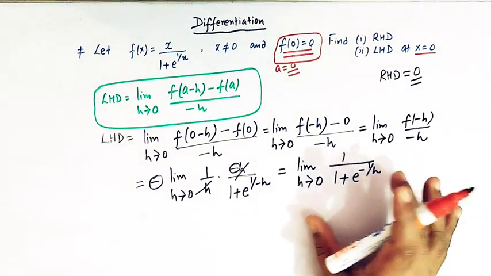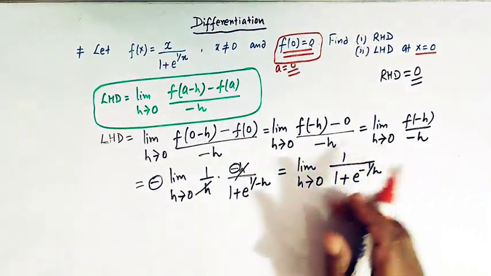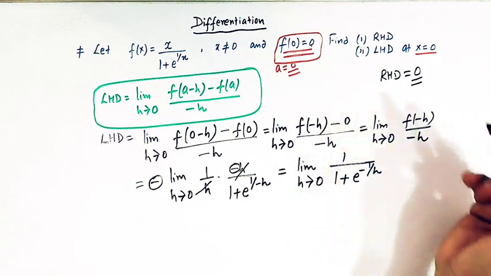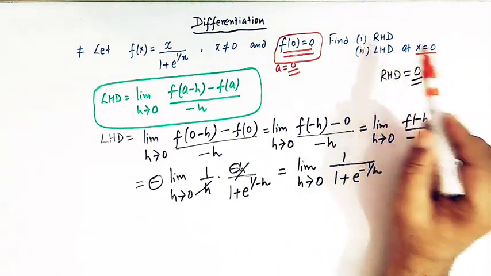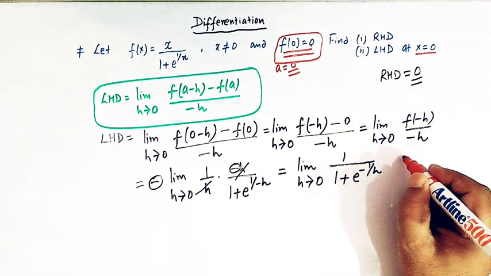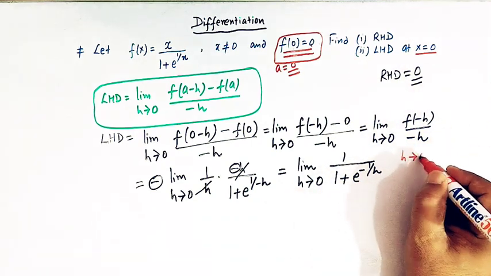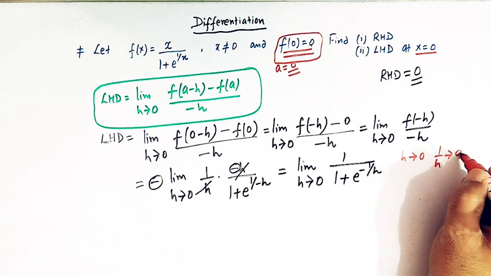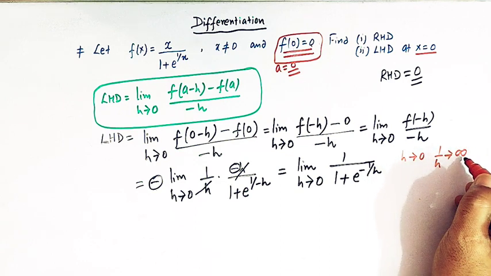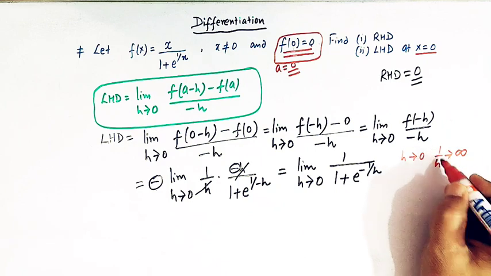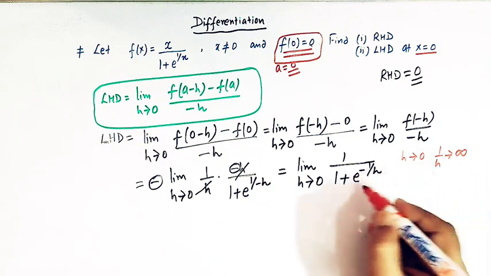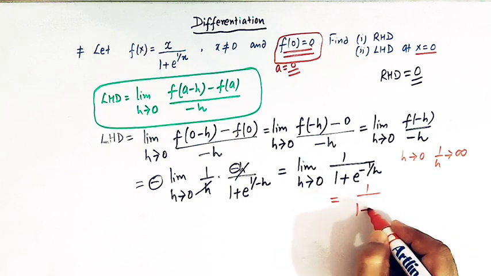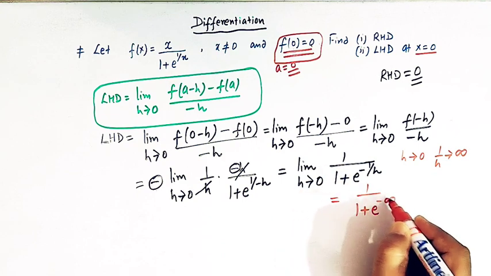In order to find this limit, we'll adopt the same reasoning we used while calculating the right-hand derivative. When h tends to 0, 1 over h tends to a large number, and we can call it infinity, right? So when 1 over h tends to infinity, here we have 1 over 1 plus e raised to minus infinity.